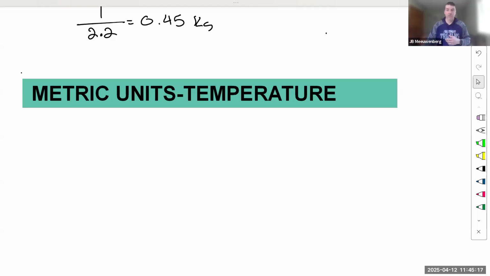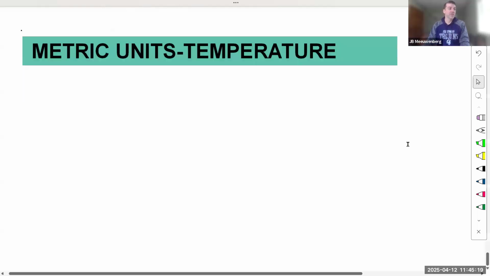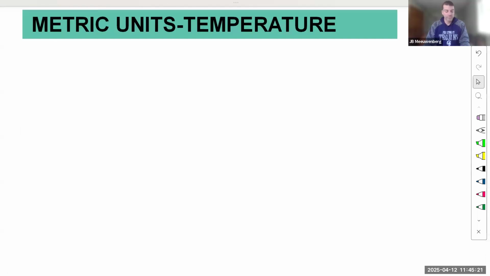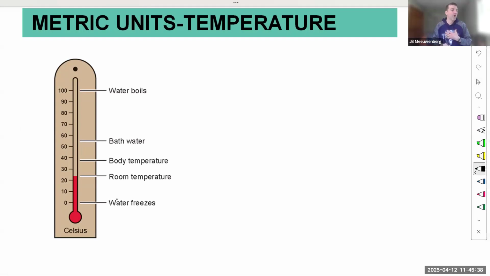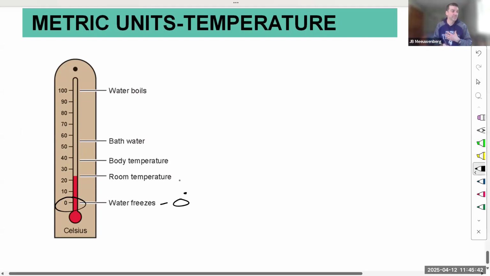So to wrap this up, we'll talk about temperature. In the English system or imperial system, we learned about Fahrenheit. And in the metric system, commonly we use Celsius. And Celsius, you can guess, because the metric system is all based on powers of 10, water freezes at a nice convenient 0 degrees, and it boils at 100 degrees.